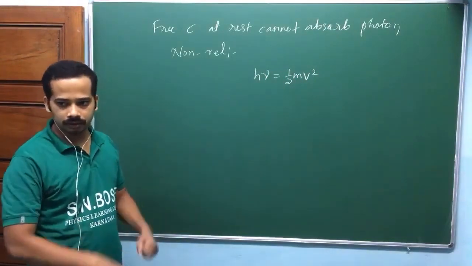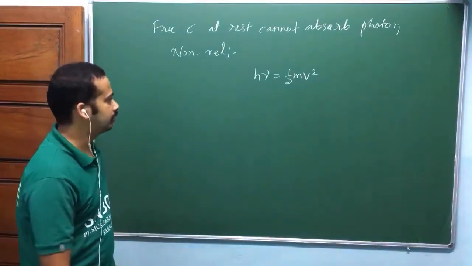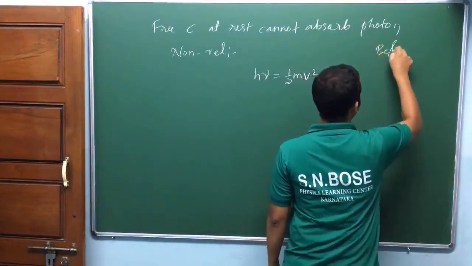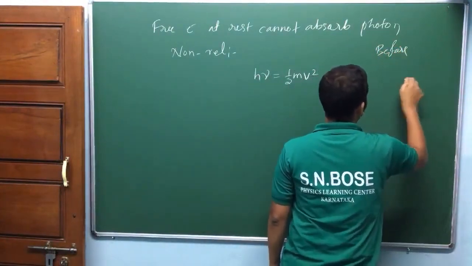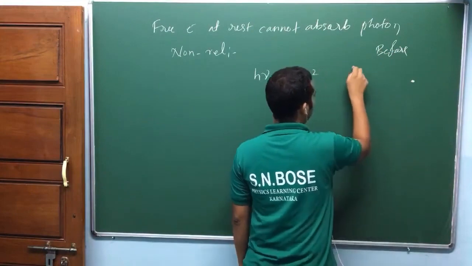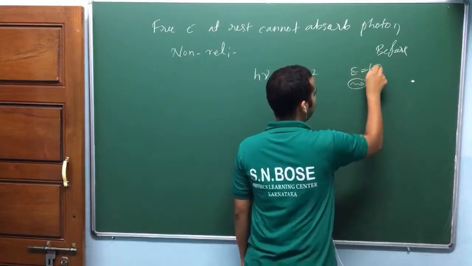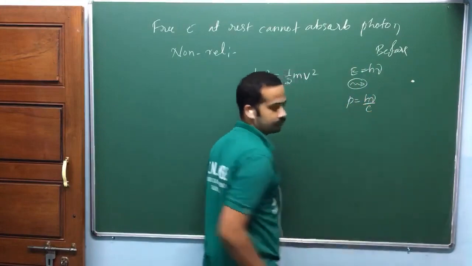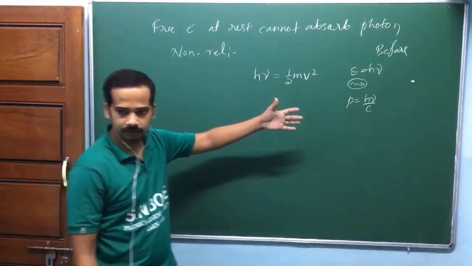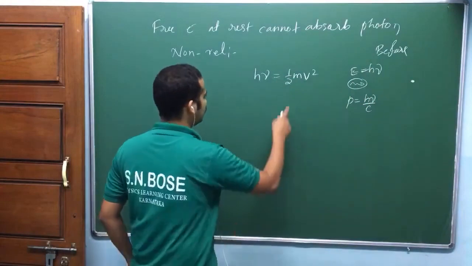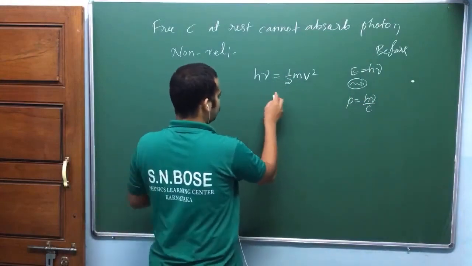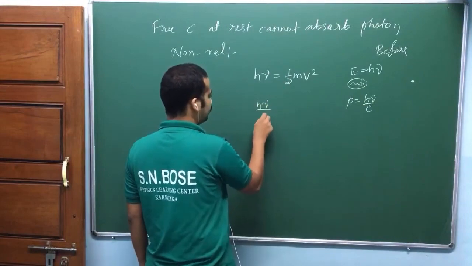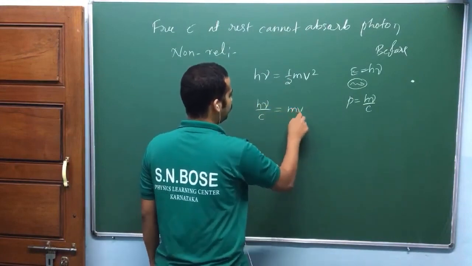Before, the electron is at rest and you have a photon of energy E equal to h nu and momentum P equal to h nu by c. You don't take any rest mass here. Momentum conservation says h nu by c is equal to m into v.